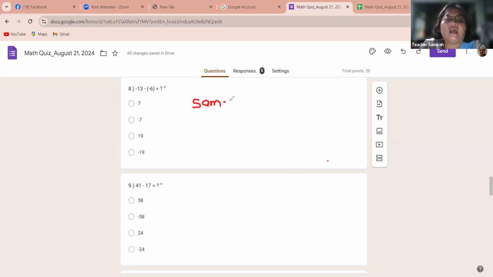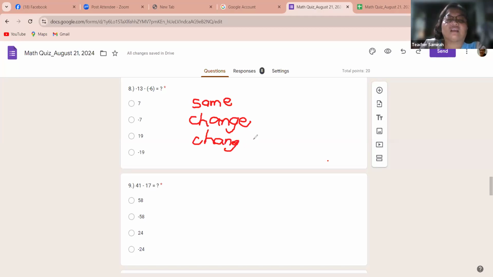The operation will be changed. And then the sign of the second integer will also be changed.